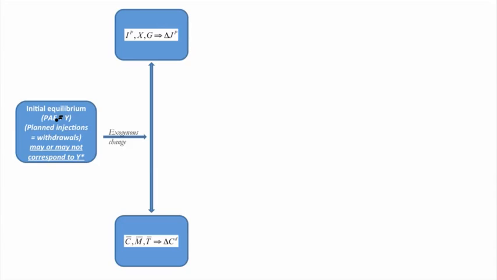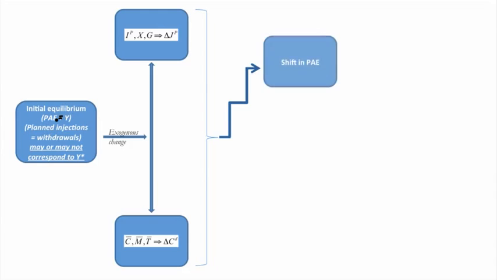So we have a framework that starts in equilibrium, we then introduce an exogenous change and we see what happens next. What happens next is there'll be a shift in planned aggregate expenditure, that is in the planned aggregate expenditure schedule itself. There'll be a situation of disequilibrium created.